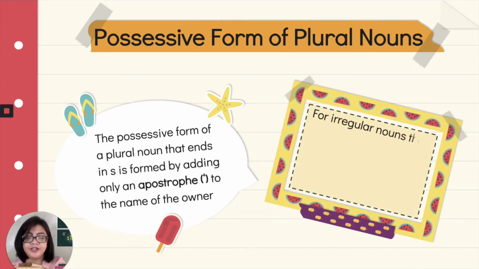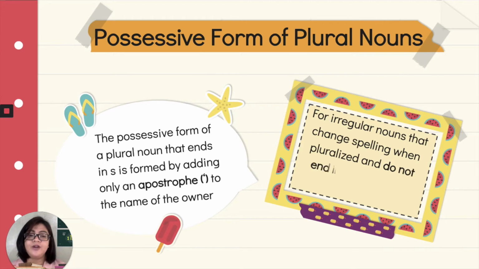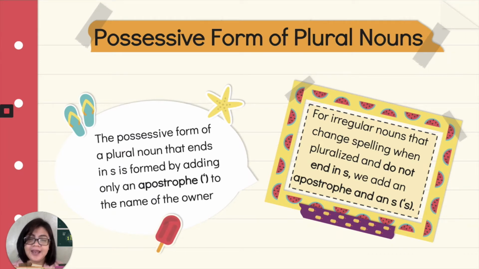Another thing to remember is that for irregular nouns that change spelling when pluralized and do not end in S, we add an apostrophe and an S at the end of the noun. For example, men. Men is a plural noun, but it doesn't end with the letter S, right?